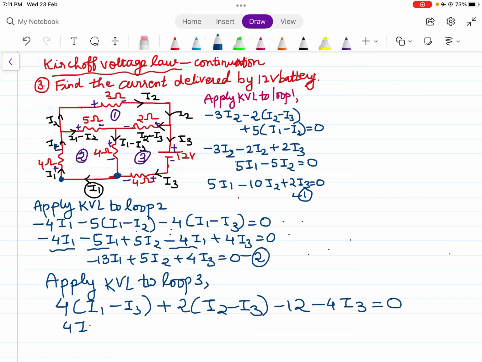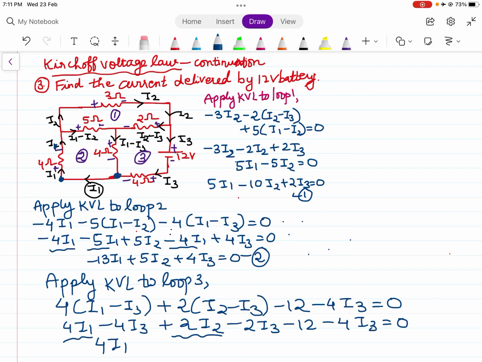So 4I1 minus 4I3 plus 2I2 minus 2I3 minus 12 minus 4I3 equal to 0. So 4I1, then I2 is plus 2I2, minus 10 I3 equal to 12. Equation number 3.